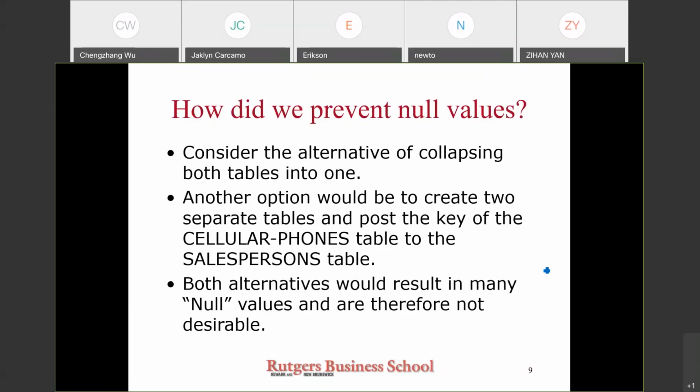Another option would be to create 2 separate tables and post the key of cell phone table to salesperson table. Each alternative would result in many null values and is not desirable.